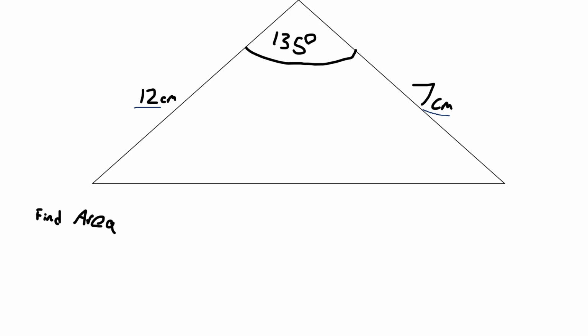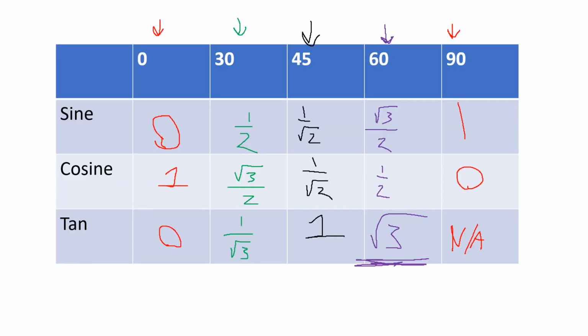Well, if you remember, the area is equal to a half AB sine C. Where this is A, this is B, and this is C. So that's the same as a half times 12 times 7 times sine 135, but this only goes from 0 to 90.